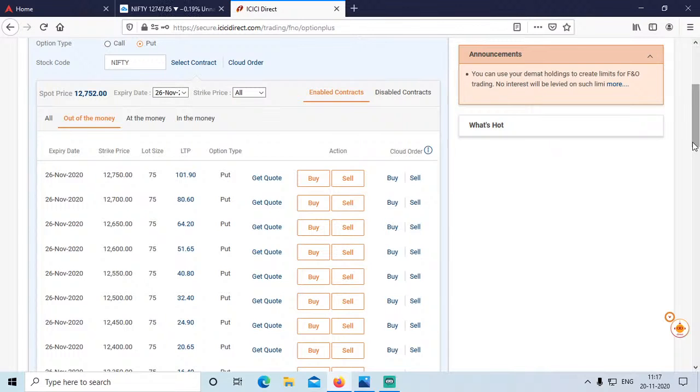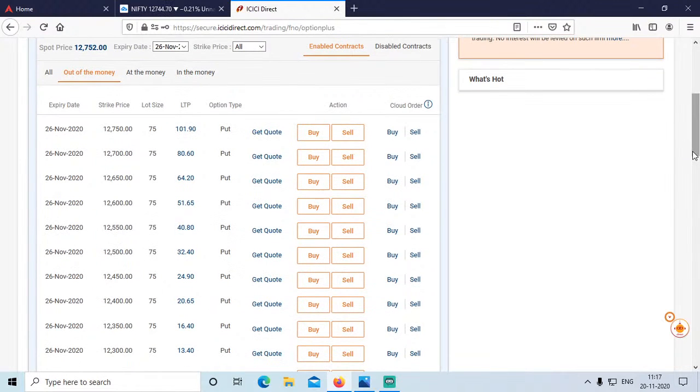This 12,300 in the morning was 10 rupees 65 paise. Now it is 13.40. I think this 12,300 is okay, and 13,100 call option is okay, because both are 13 rupees. It is always best to take the equal value so that our calculation will be perfect.